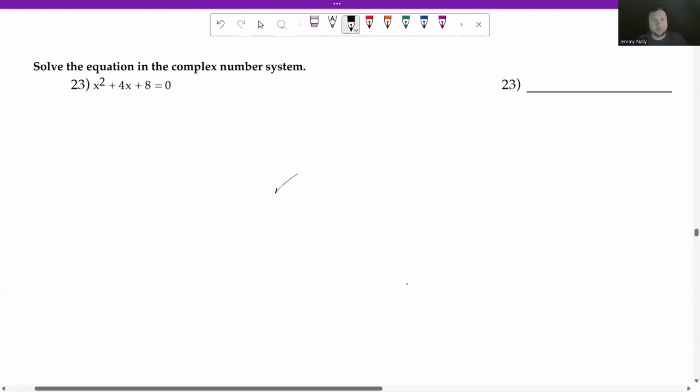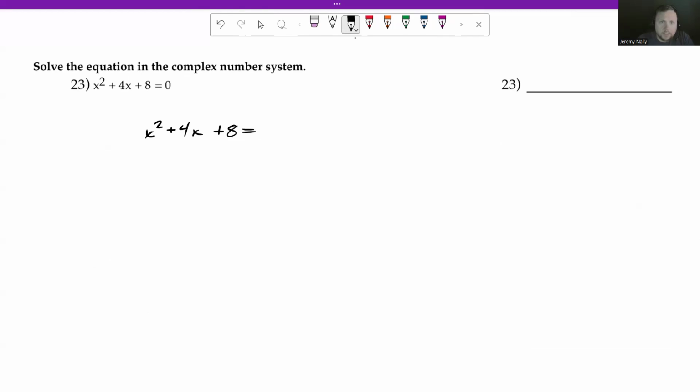So this first one is solve in the complex number system. I have x squared plus 4x plus 8 is equal to 0. I'm going to use the quadratic formula. Negative b plus or minus the square root of b squared minus 4ac all over 2 times a.